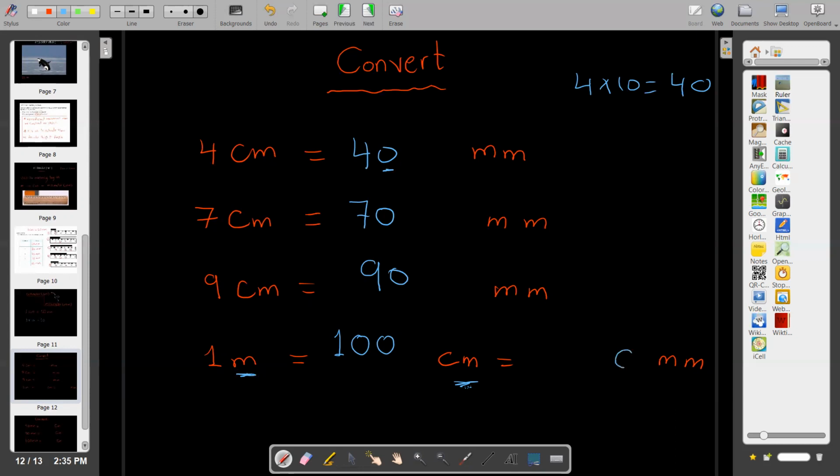We add a 0, we multiply by 10, so it will be 1000 millimeters. That means 1 meter equals 1000 millimeters.